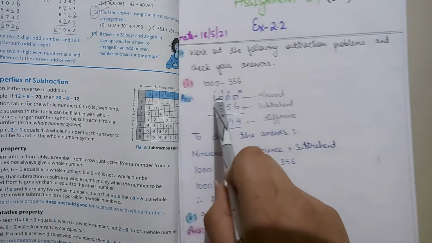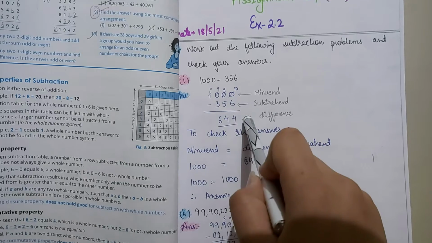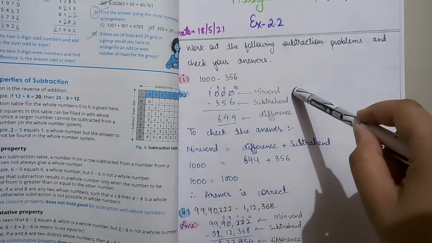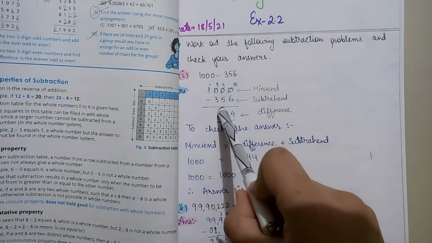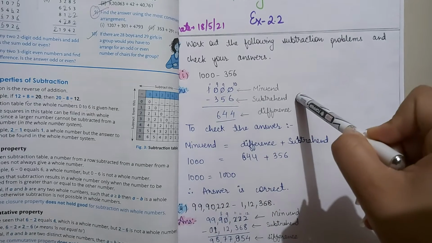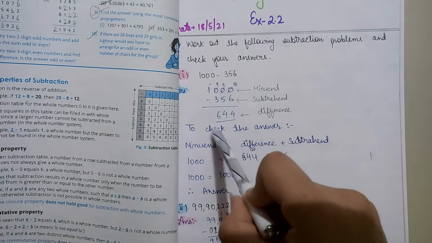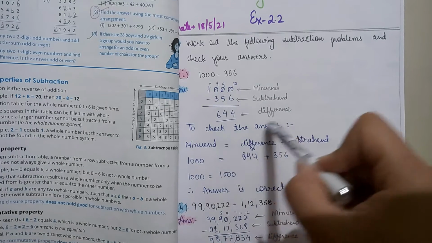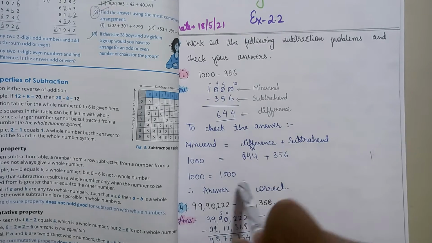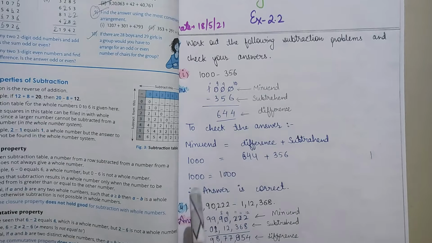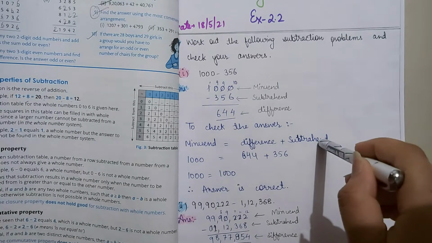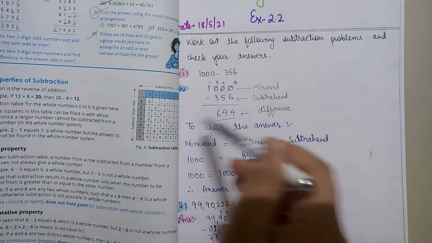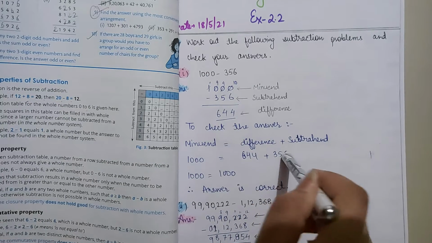The term which is greater and from which we are subtracting something is called the minuend, the term which is being subtracted is called the subtrahend, and the term which comes after the subtraction is called the difference. The method to check the answer is: minuend is equal to difference plus subtrahend. We have to put the values here to check the answer.